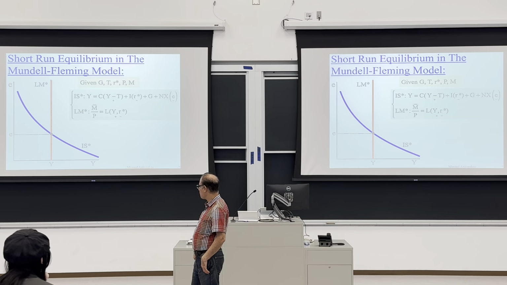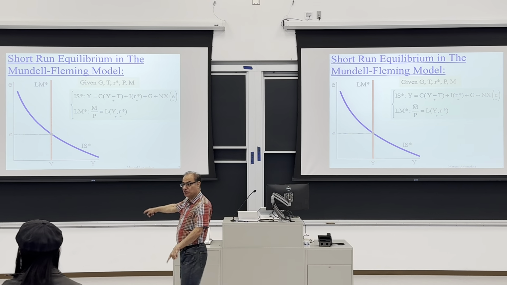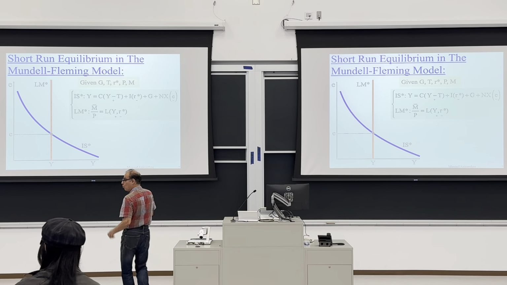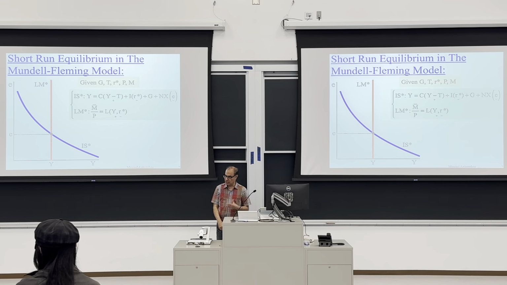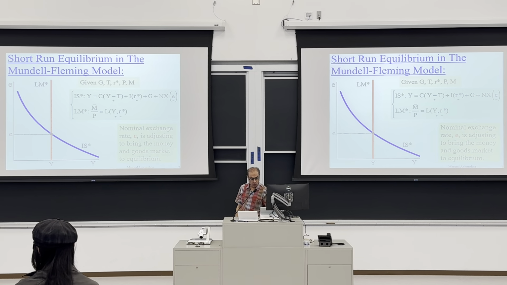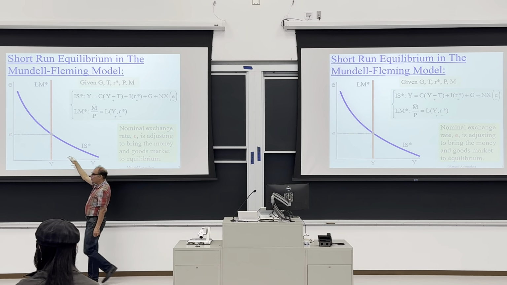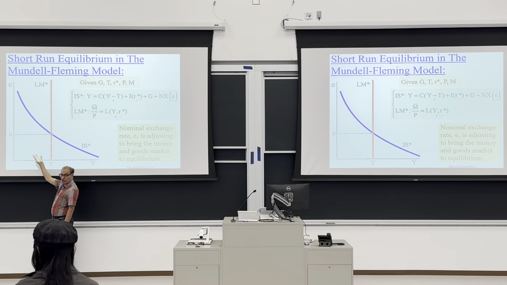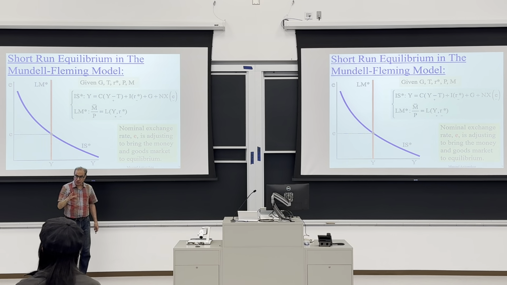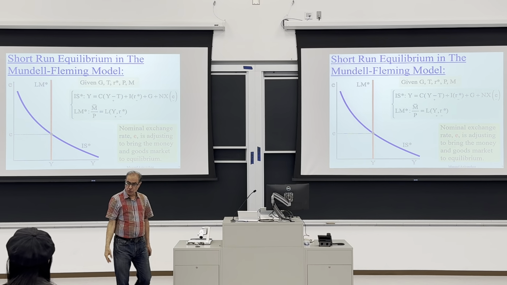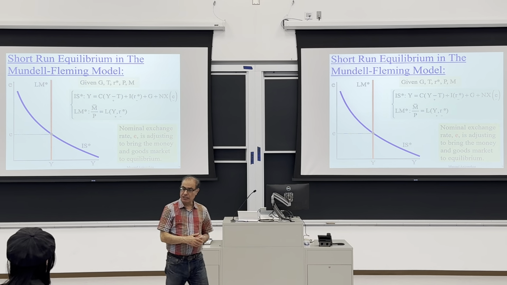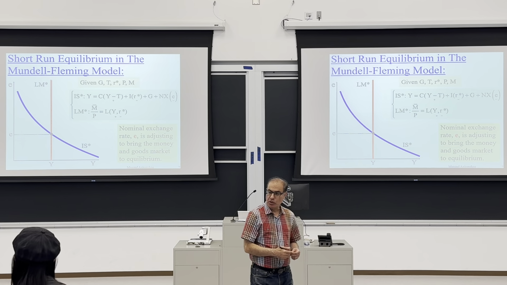So now, actually, did you see that? The role of nominal exchange rate in short run is very important. Why? Because in short run, nominal exchange rate is changing to make sure goods market and money market are in equilibrium in short run.